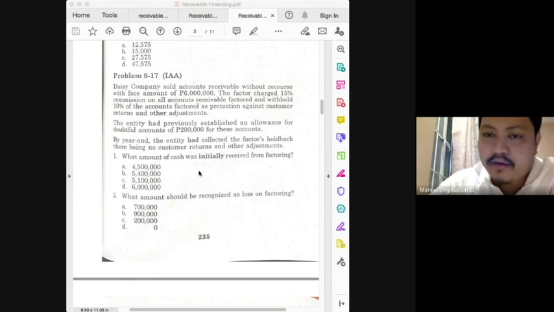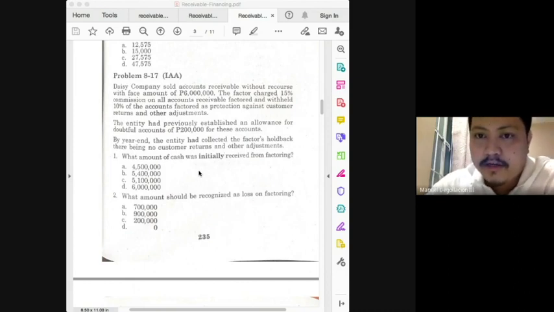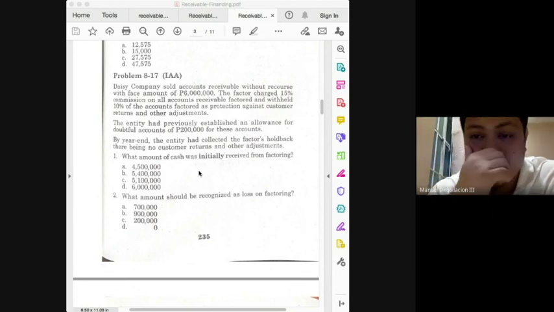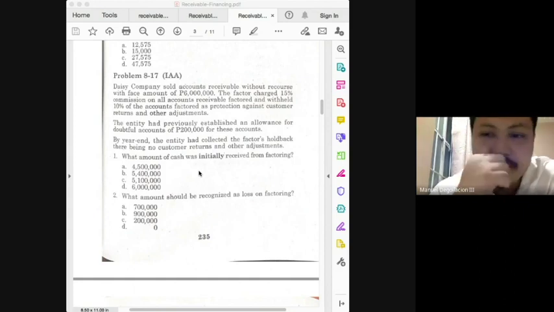Our answer here would be the 15% commission on all accounts receivable. The factor's fee is 900,000.